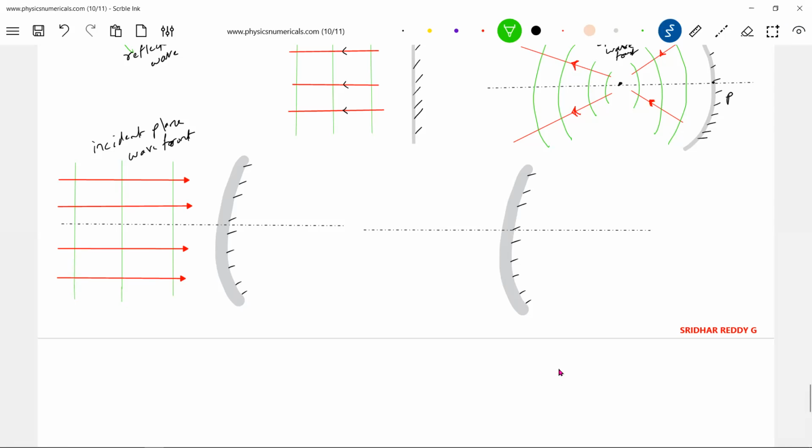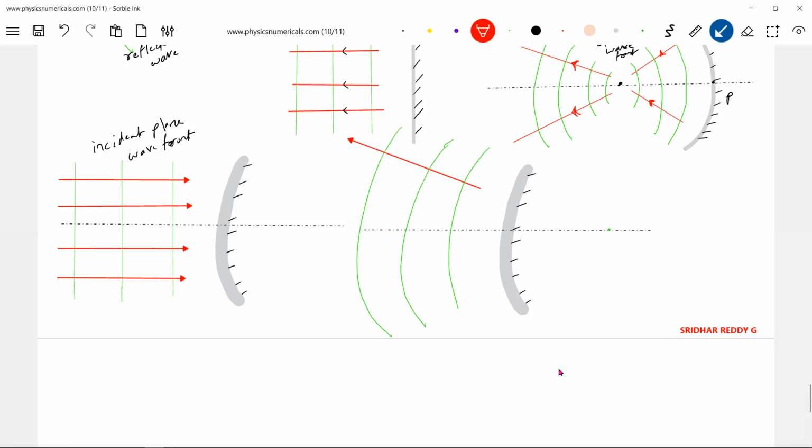So the wavefront should diverge from the focus here. If there's a focus, got the idea?